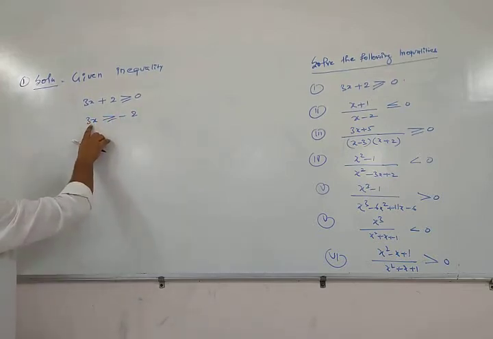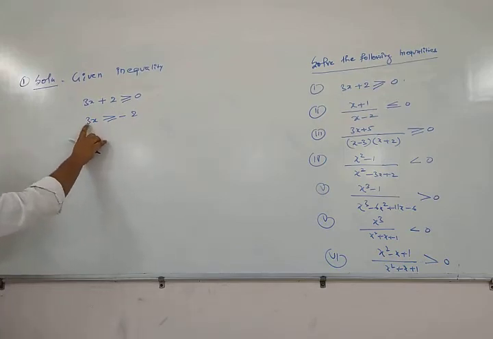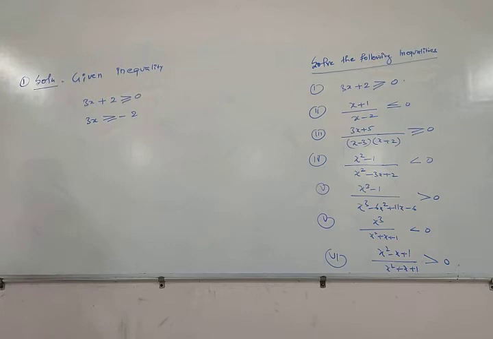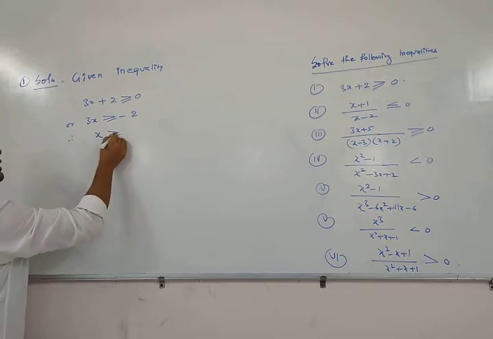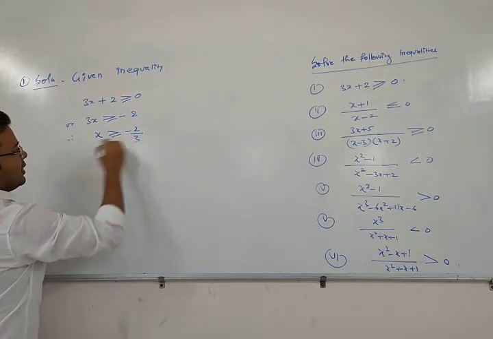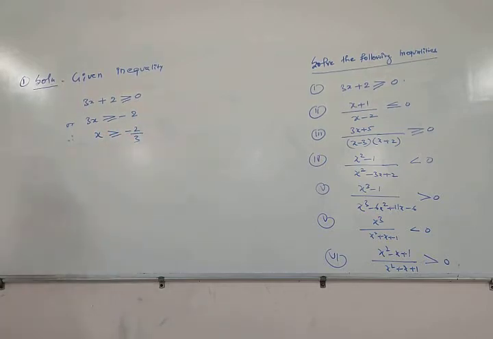We divide this inequality by 3. Since 3 is positive, the sign of inequality does not change. So we can write x greater than or equal to minus 2 by 3. Here are some points related to inequality.